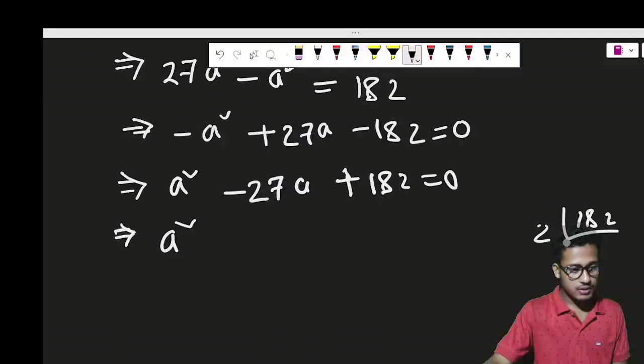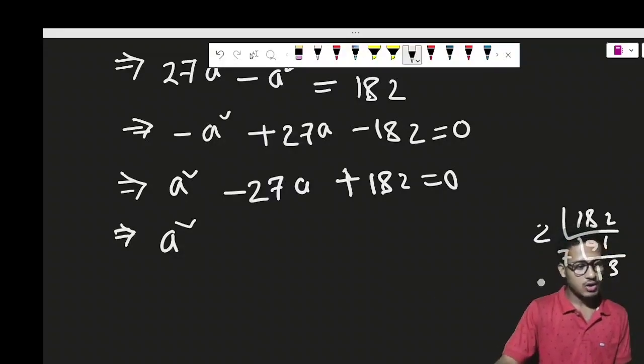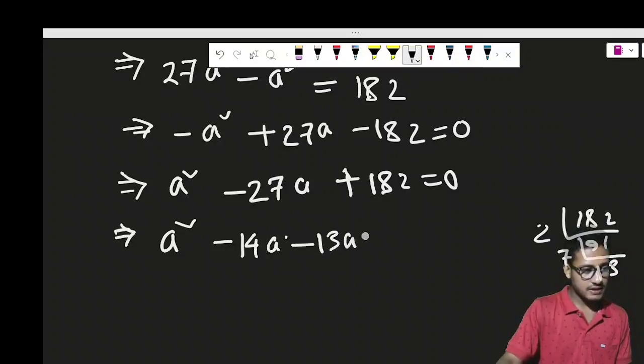If we divide 182 by 2, we get 91, then 7, 13. So what we have obtained is a square minus 14a minus 13a plus 182 is equal to 0.